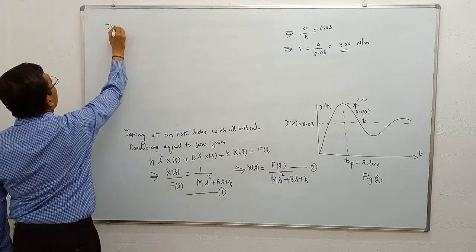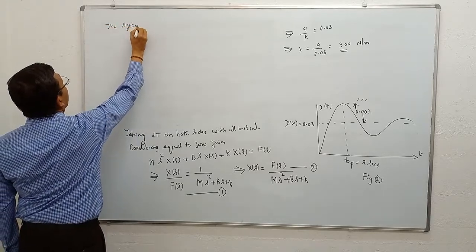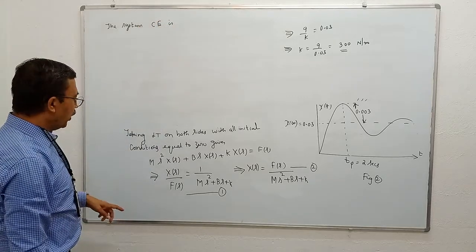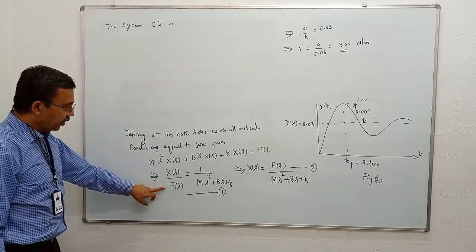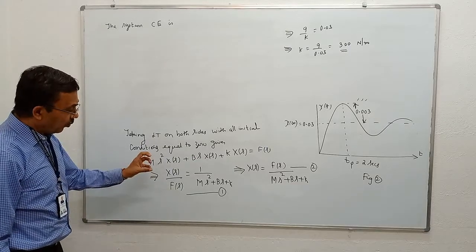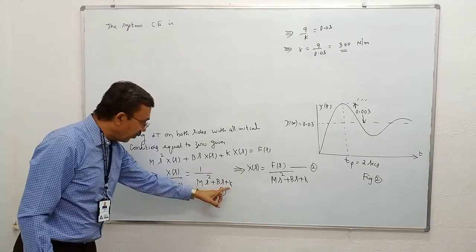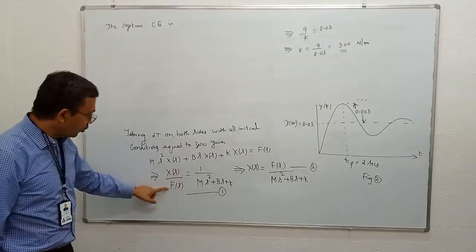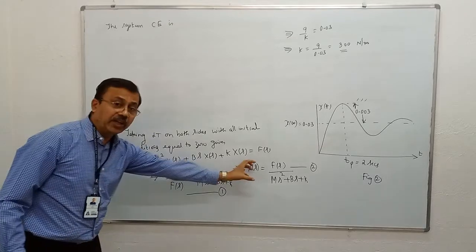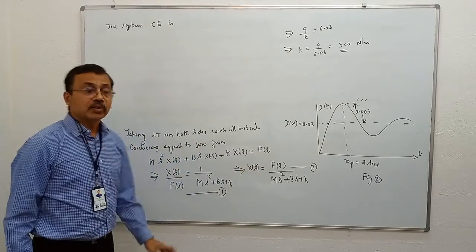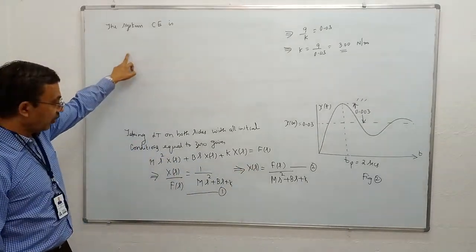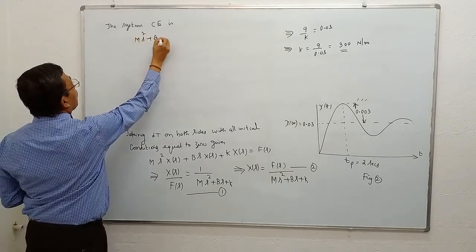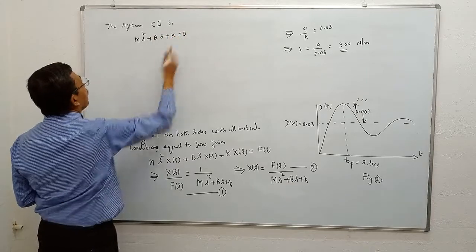The system characteristic equation: the denominator polynomial of equation 1 equal to 0 is called the characteristic equation of the system. You take the closed loop transfer function, its denominator you equate it to 0. That will give you the characteristic equation. So it is ms square plus bs plus k is equal to 0.